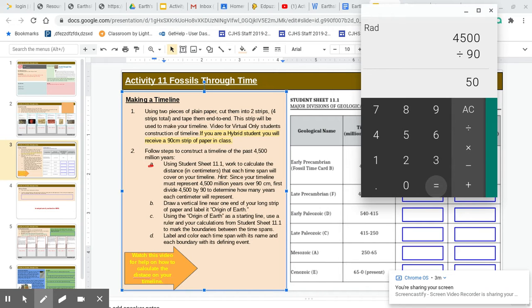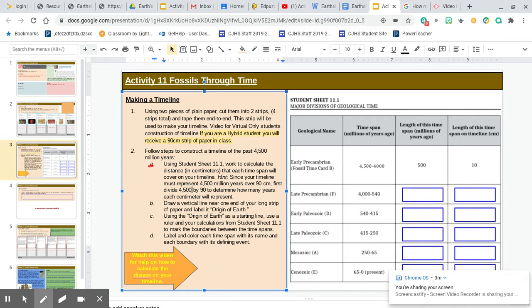Okay, so we just figured that out with A, and then we need to calculate it out over in 1.1 here. So we look at the early Precambrian.